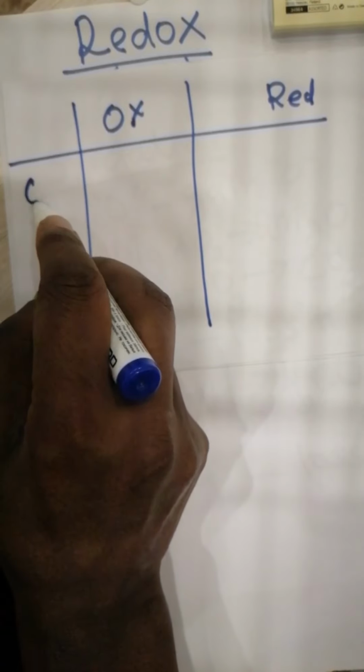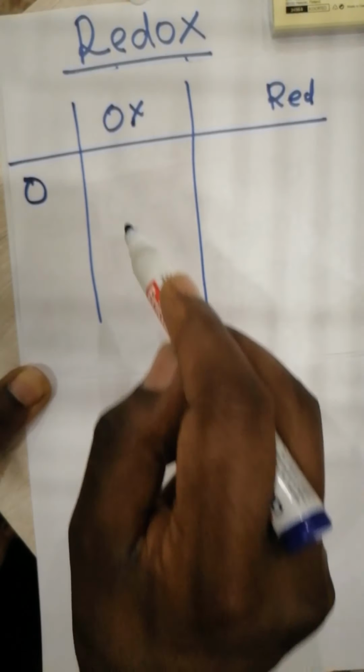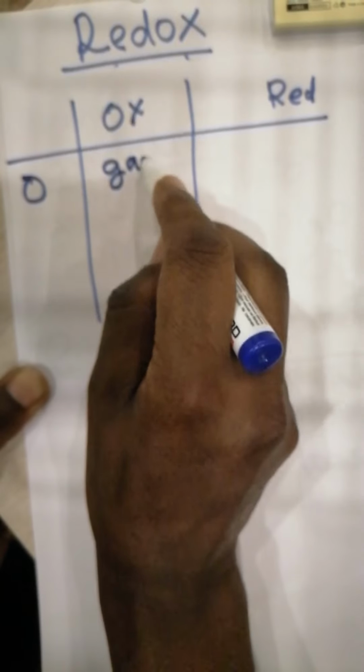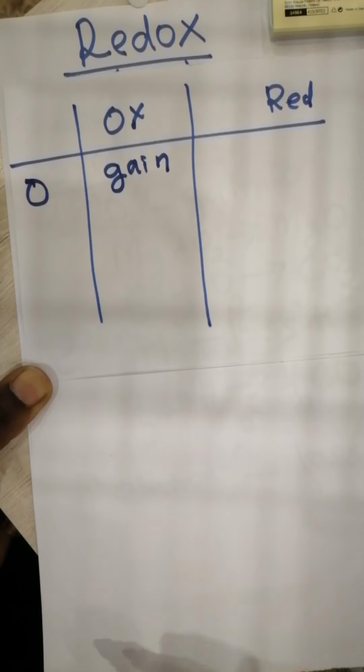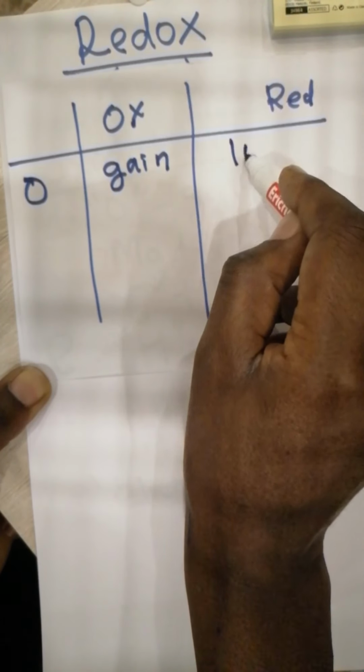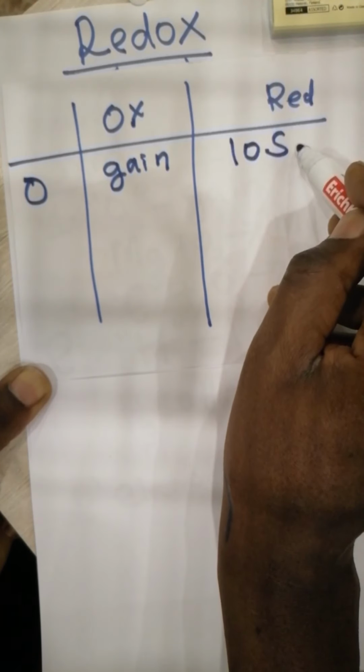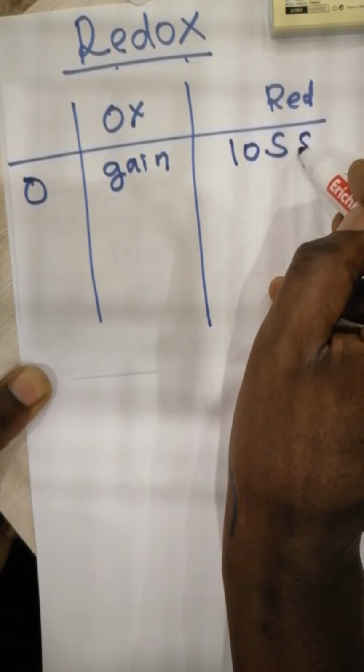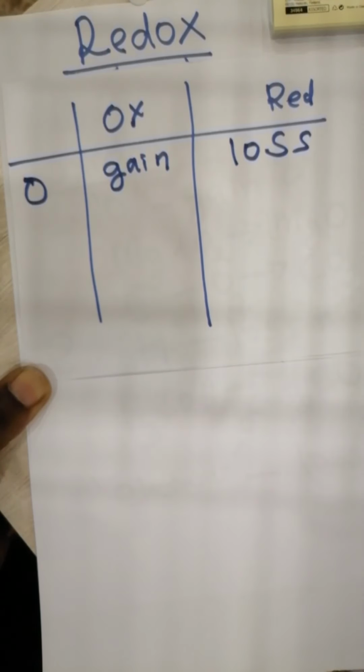In terms of oxygen, we say oxidation is gain of oxygen. What would be reduction? The opposite is true. Reduction would be the loss of oxygen.